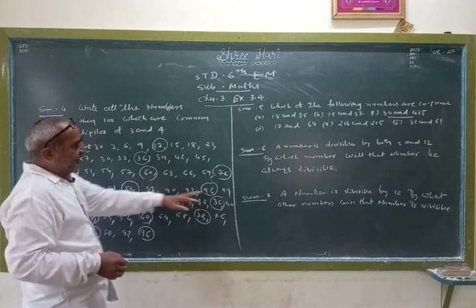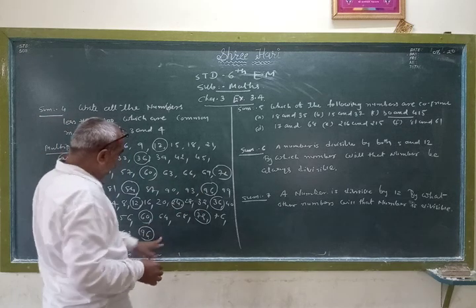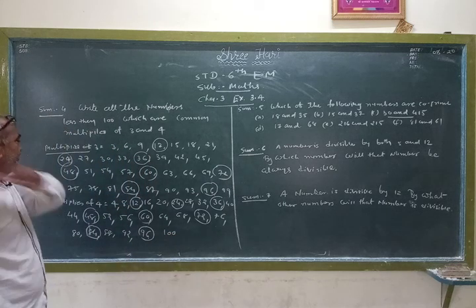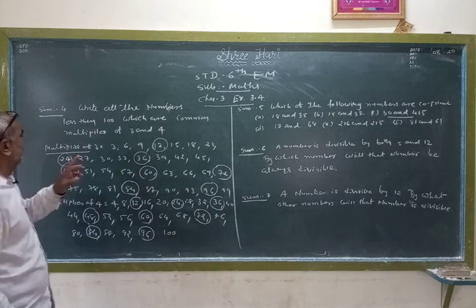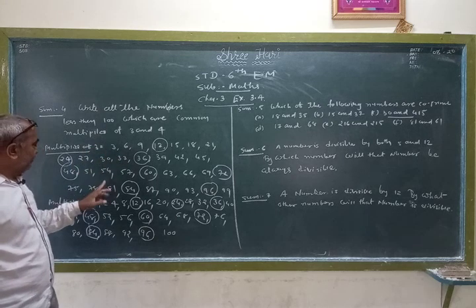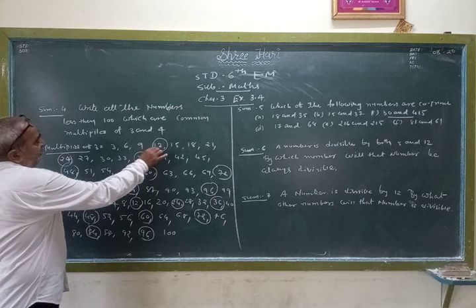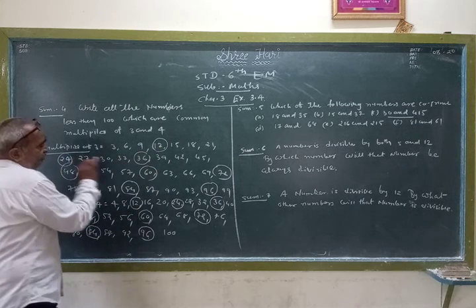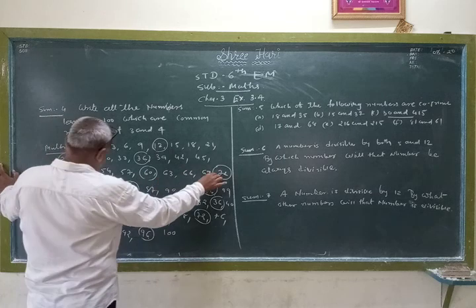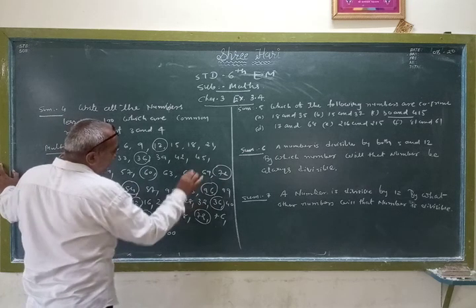Here 99 but here not, here 100. Okay, so you can see in the board the common multiples of 3 and 4 are 12, 24, 36, 48, 60, 72, 84 and 96.